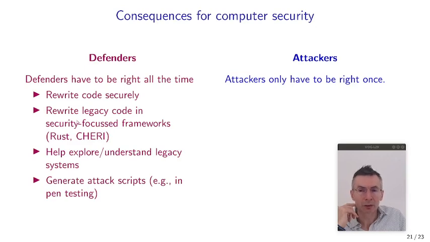And therefore there's a huge job now that computer scientists face of rewriting all that legacy code, the Windows operating system, the Linux operating system, and masses of code into these security-focused frameworks. Well, GPT could help with that if trained appropriately. And therefore that's a huge benefit for computer security.